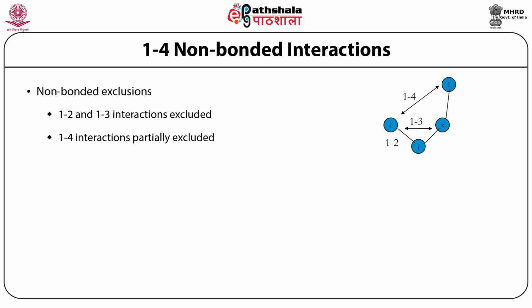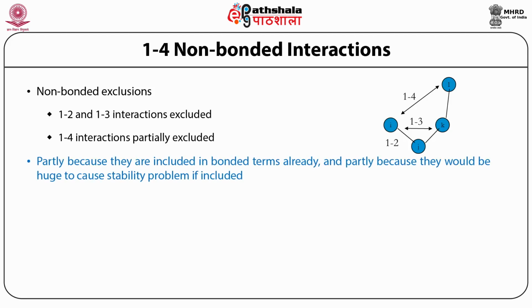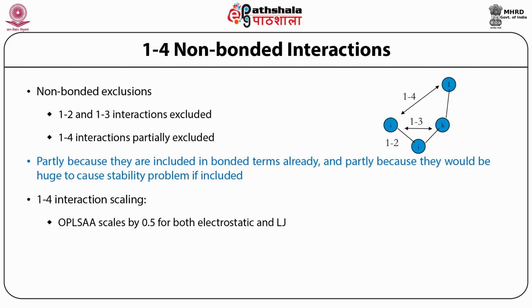Because they are included, but also partly included in the torsion angle, some software packages, such as the potential energy expression in OPLS, scale this interaction by 0.5 for both electrostatic and LJ potential. AMBER also scales by 0.5 for LJ and by 1/1.2 or so for electrostatic.